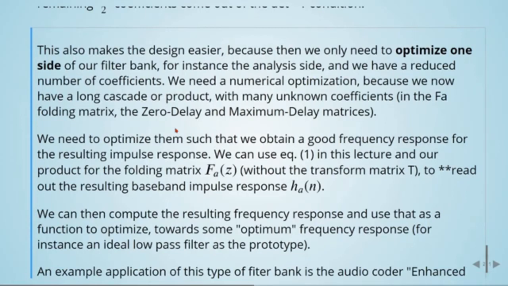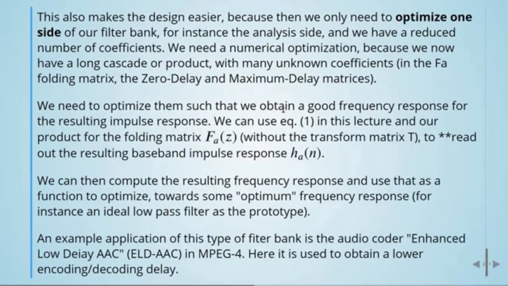We need a numerical optimization because we now have a long cascade of products with many unknown coefficients in the Fa folding matrix, the zero delay and the maximum delay matrices. We need to optimize them such that we obtain a good frequency response for the resulting impulse response.